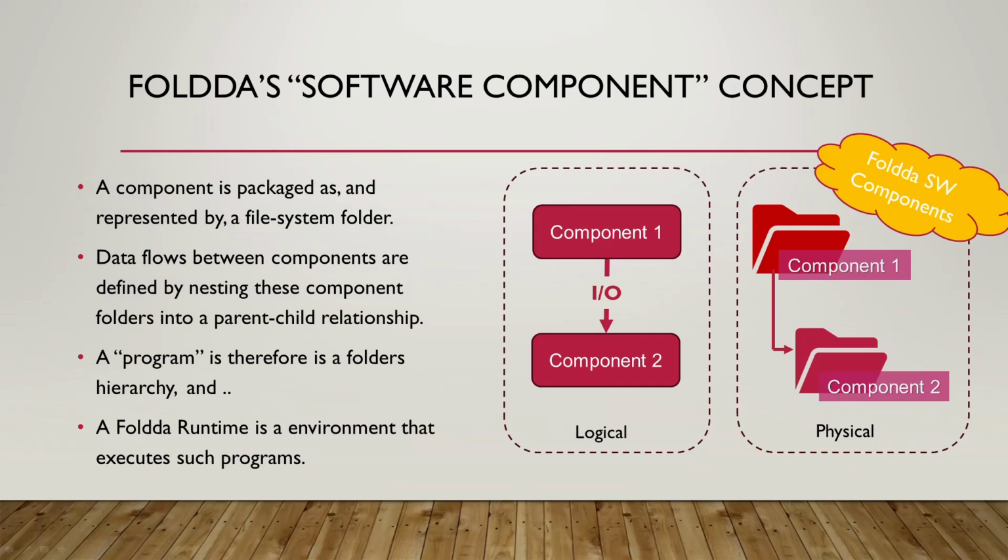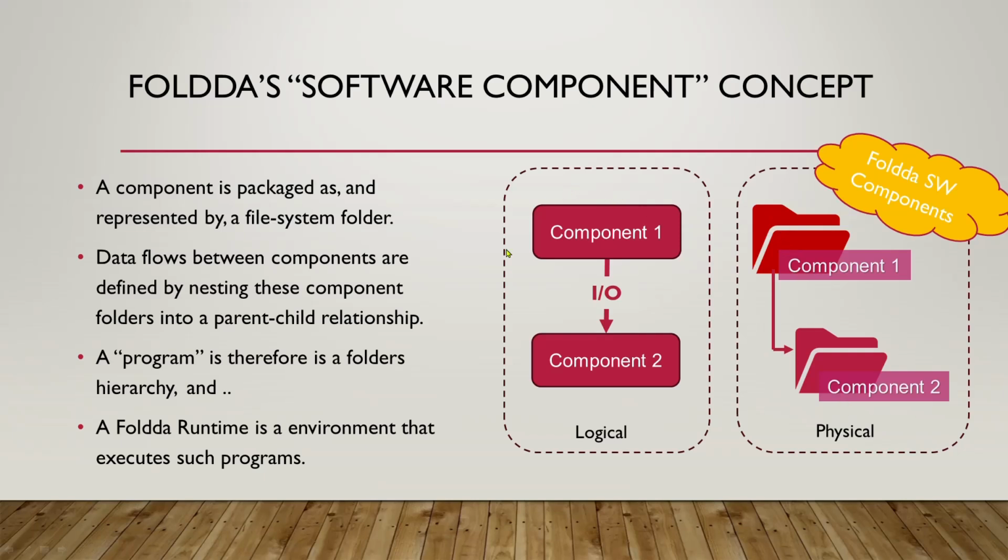So, the definition of a software component is as follows. A component is packaged as a file system folder. When folders are nested as child and parent, it defines the data flow from one component to the other.